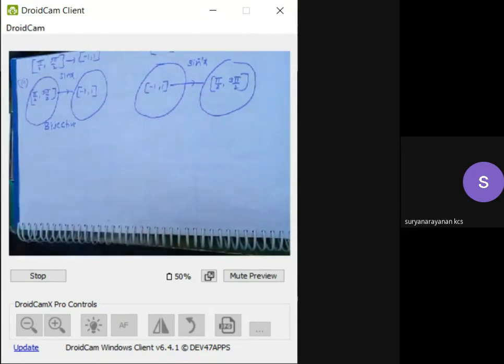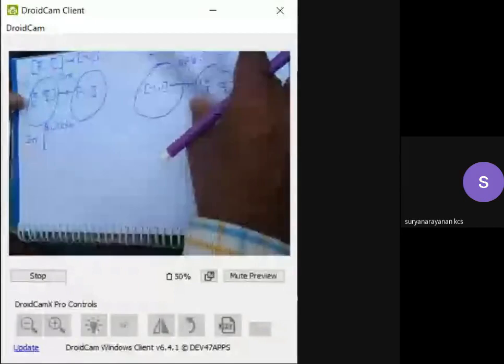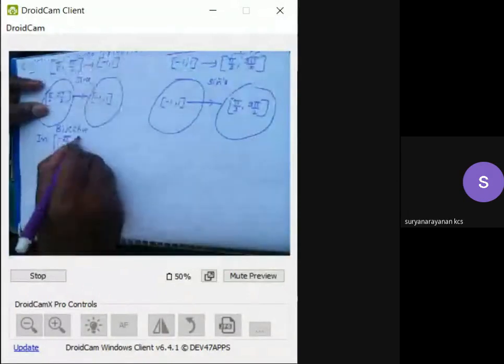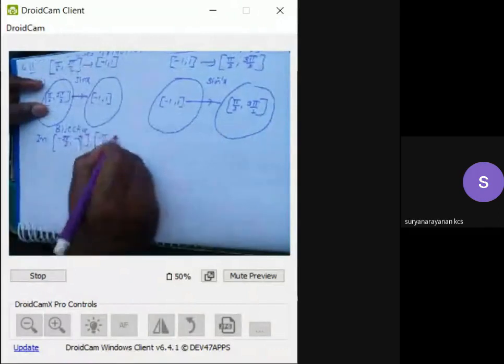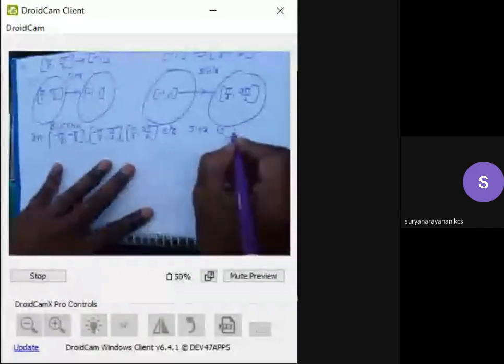In all these cases, in the interval, the first interval is -3π/2. Like these intervals, sin x is bijective in all of these also.